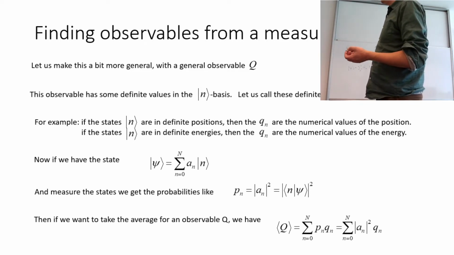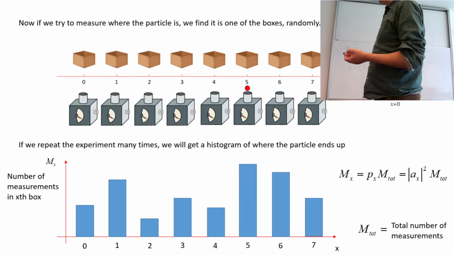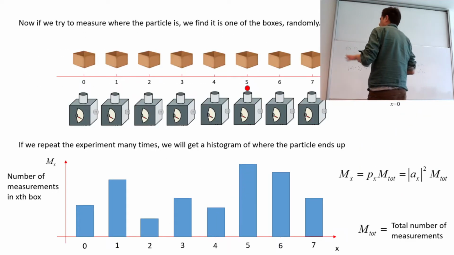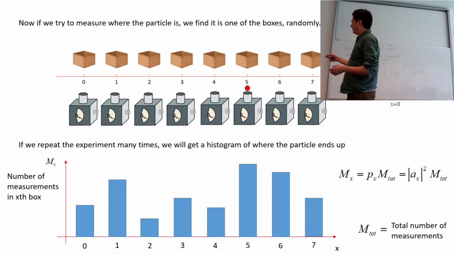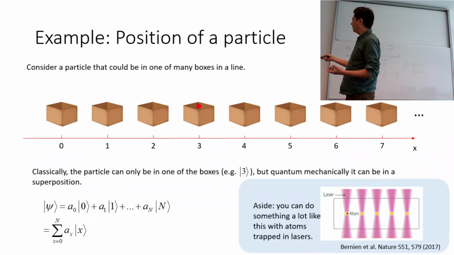For example, in this case we were trying to measure the position. The states where we have a definite value associated with them are the states in the boxes. So here, if the particle's in this box, it's in state 0.